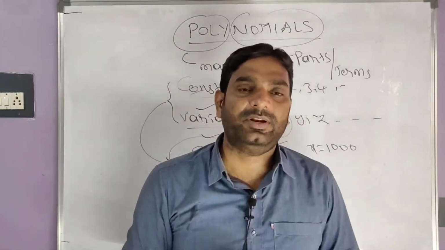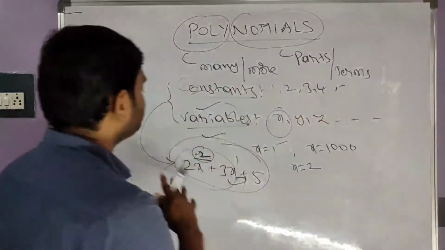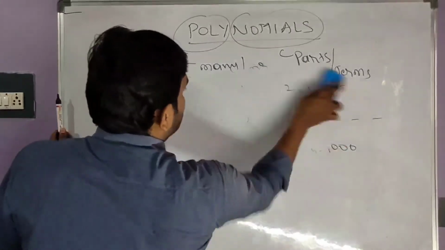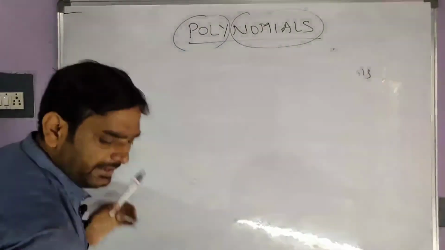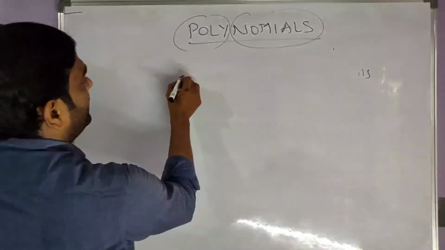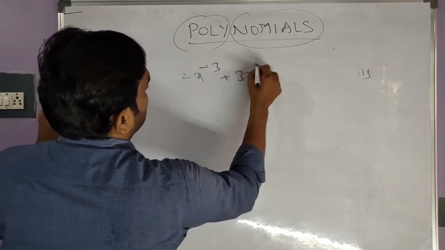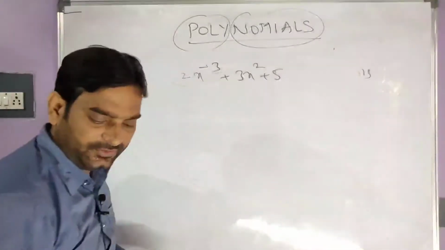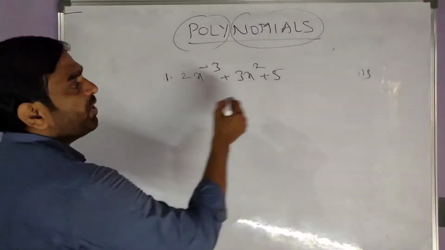This is a polynomial. Which do not belong to polynomials? Listen. If an algebraic expression has a negative power, for example, 2x power minus 3 plus 3x square plus 5, is this a polynomial?